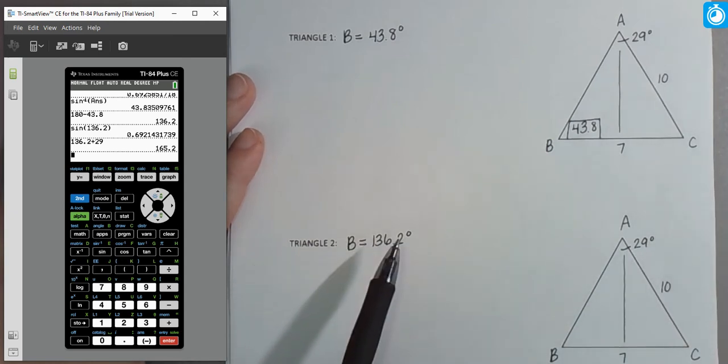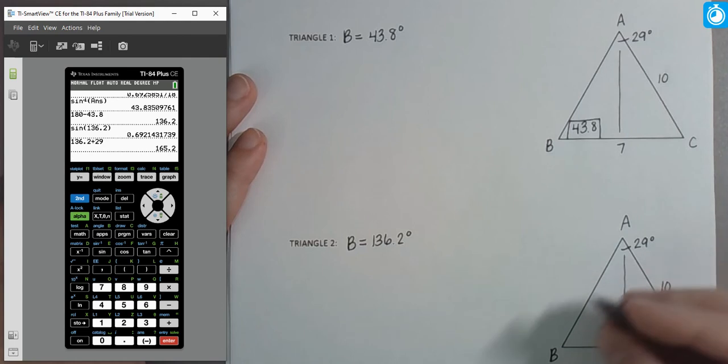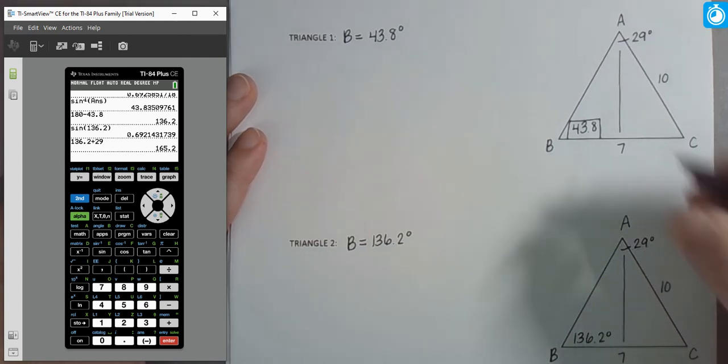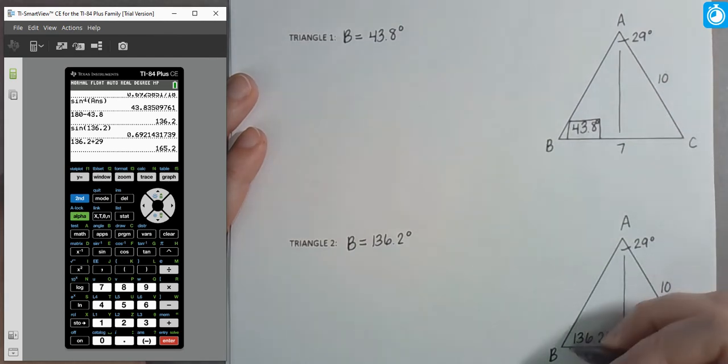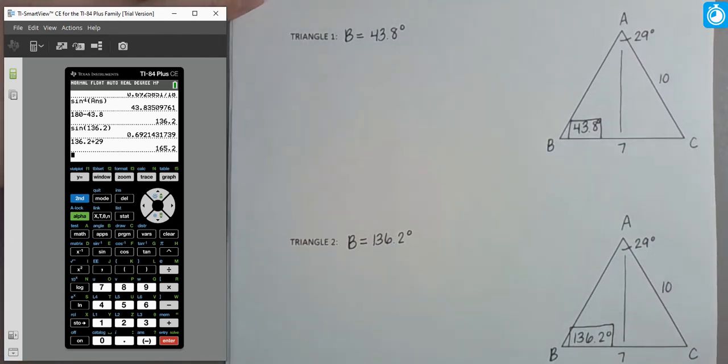For the second triangle, we use the other angle, the second quadrant angle the inverse sine didn't identify, but which also has the same value for sine and can fit the relationships in this triangle. So 136.2 degrees also represents a triangle.